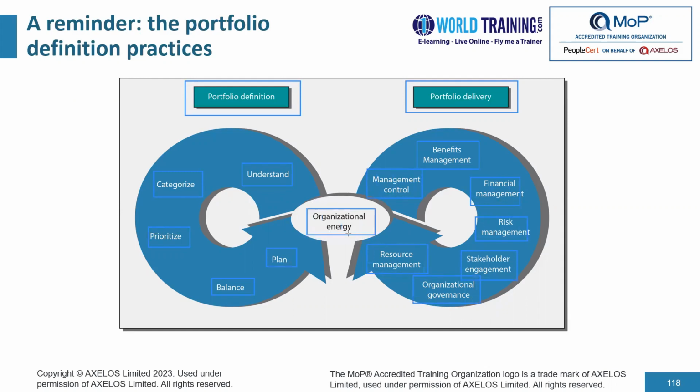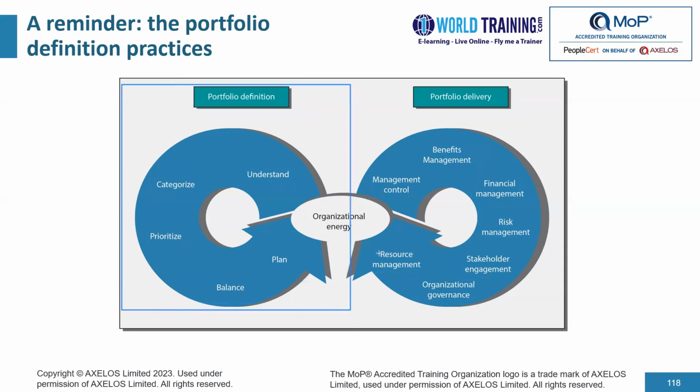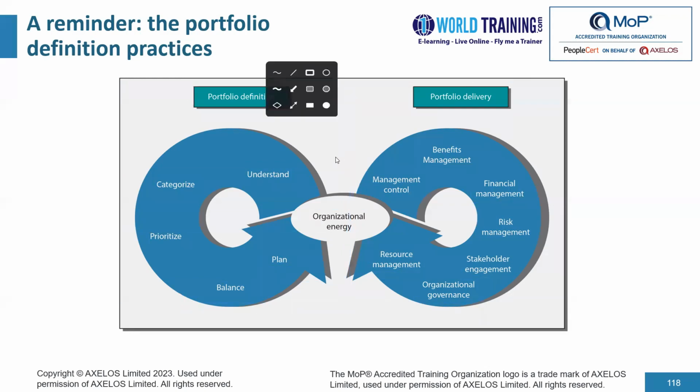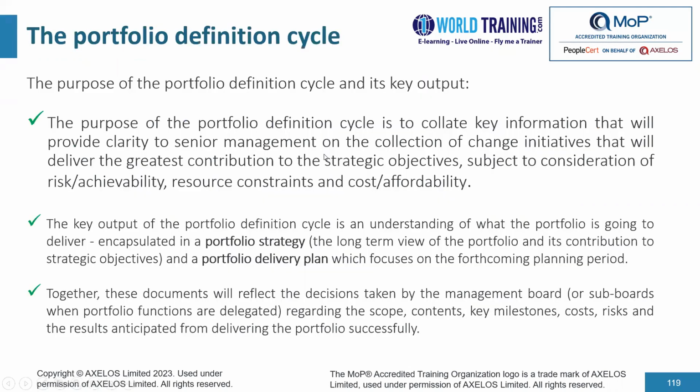We examined the sources of energy and the different states of energy in the preceding module. So let's examine the definition cycle. This particular module is all about understanding the definition cycle. So let me take you through an introduction to the definition cycle.